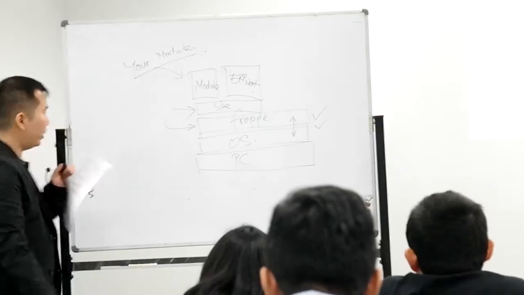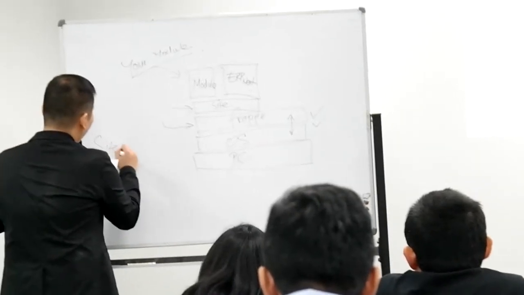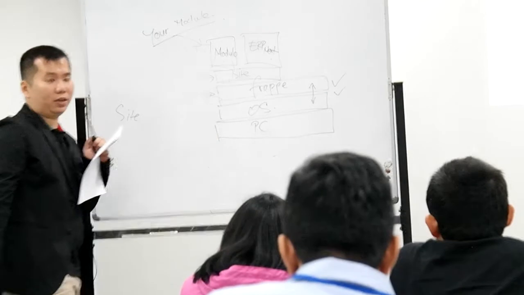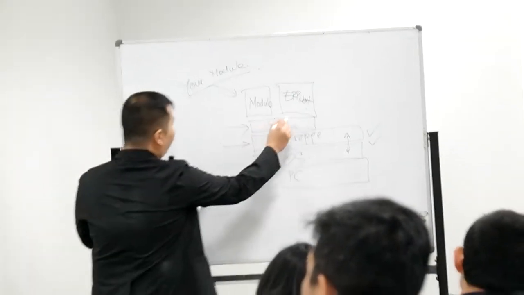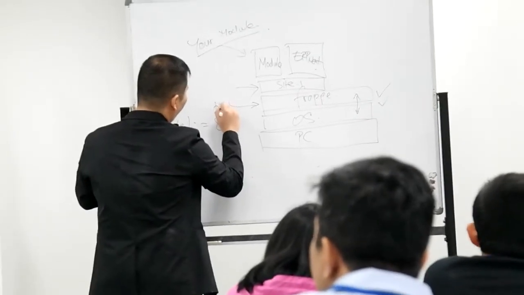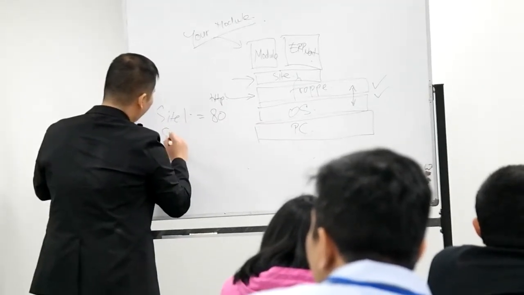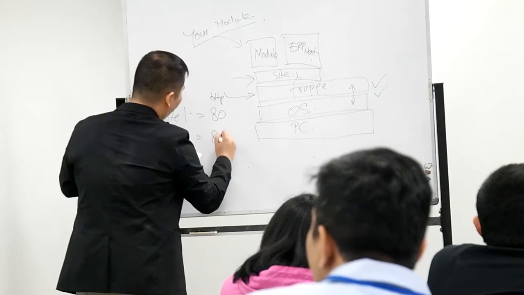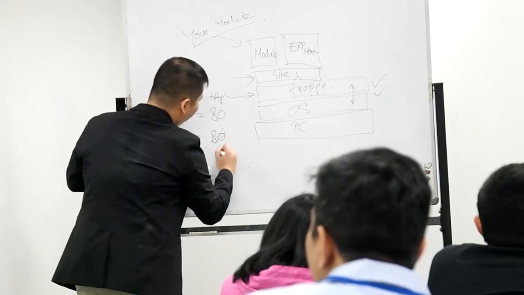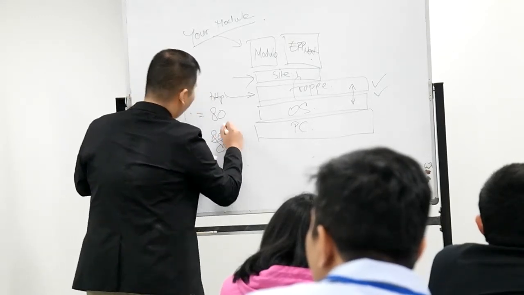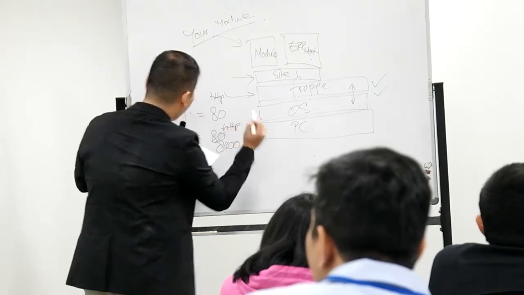Why is this different? Because we can have multiple sites for one server. Let's say site 1 is on port 80, HTTP. Site 2 is, let's say, on 8400, HTTP.